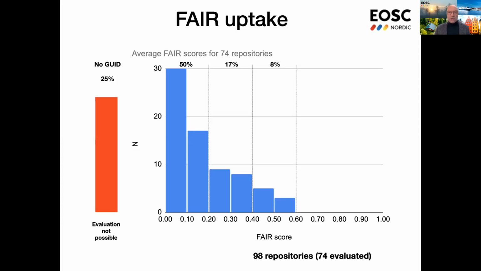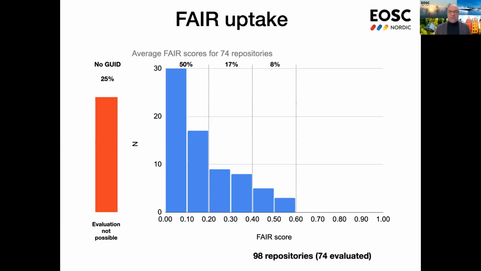And so those repositories could not be evaluated using this tool, simply from the fact that the data sets are not exposed in a way that makes it possible to identify them either with their URL or with a persistent identifier.